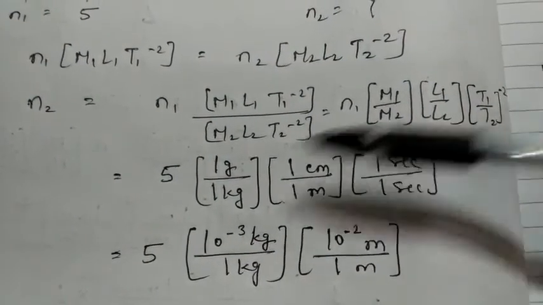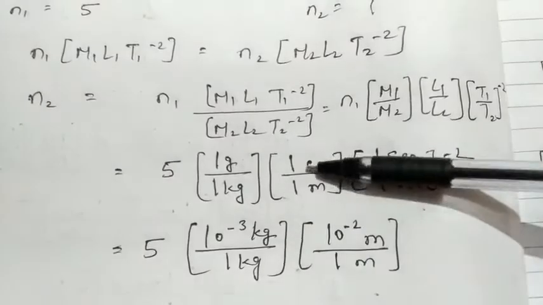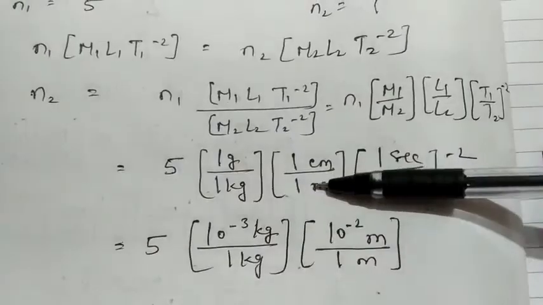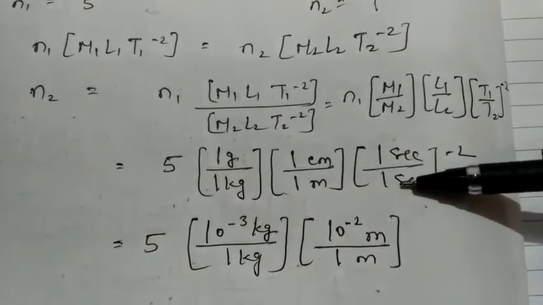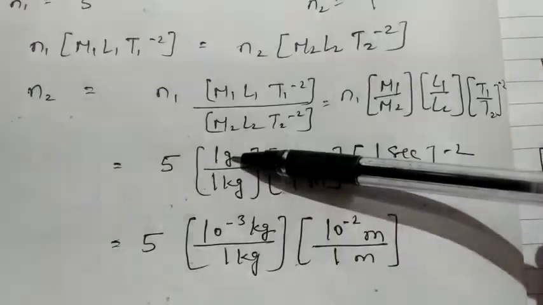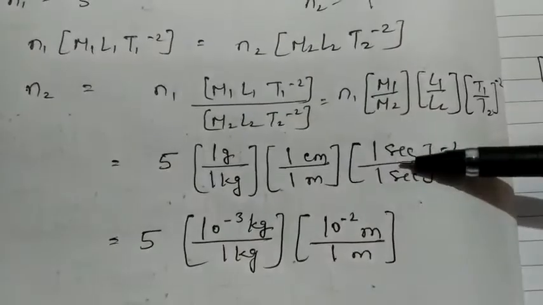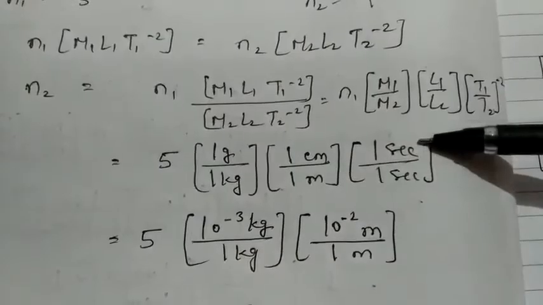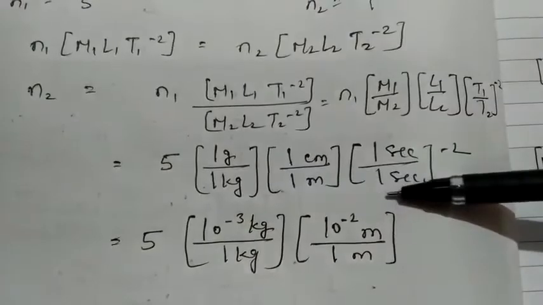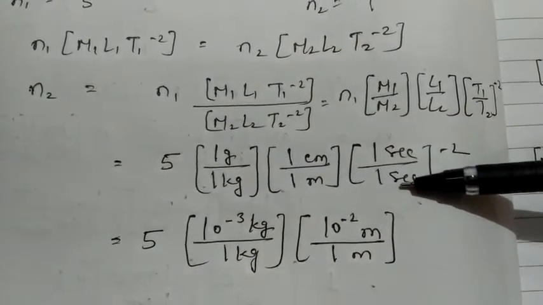On the numerator we have all the known values. On the denominator we have the unknown ones, that means those in which we have to convert the unit. So here you can see 1 gram, 1 centimeter, 1 second. These are in the CGS system, and in the denominator 1 kilogram, 1 meter and 1 second. This is in the SI system.